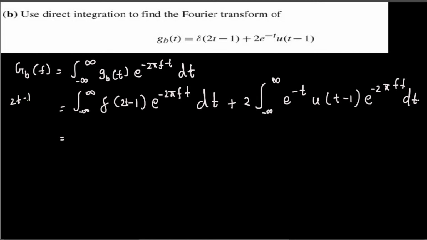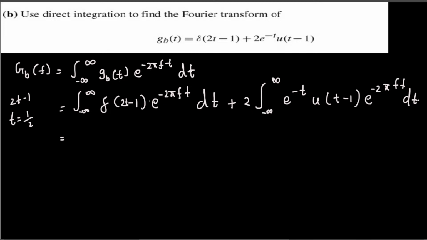The impulse function always happens at location 0 if you don't have any shift, but here we have a shift, so this is going to happen at t equal to 1 over 2. So what's going to happen is the impulse function happens at t of half, so the integration is going to happen at positive half only.